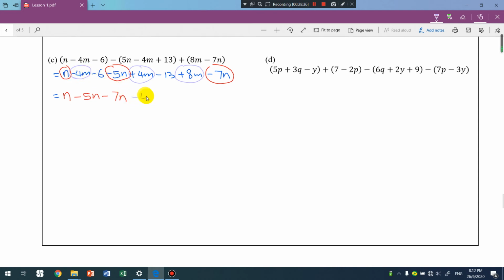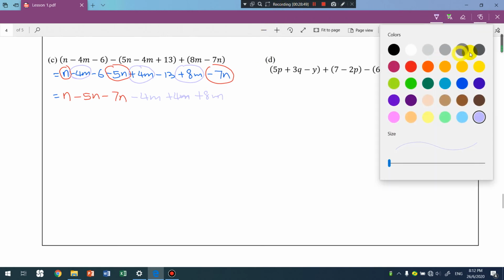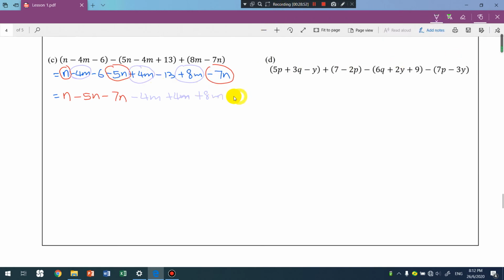Okay, negative 4m, positive 4m. Okay, so positive 8m. Okay, the last will be numbers. Negative 6, negative 13. Okay.